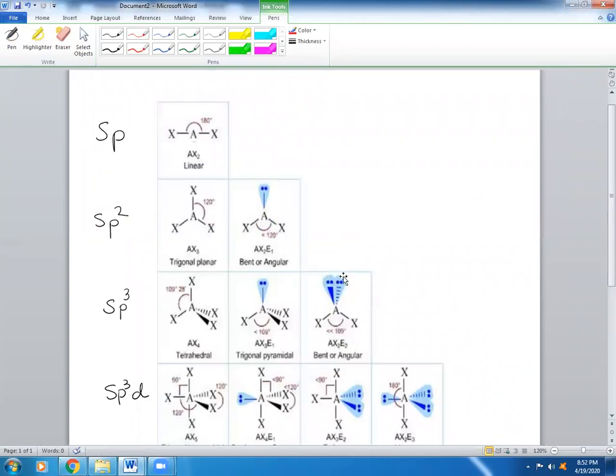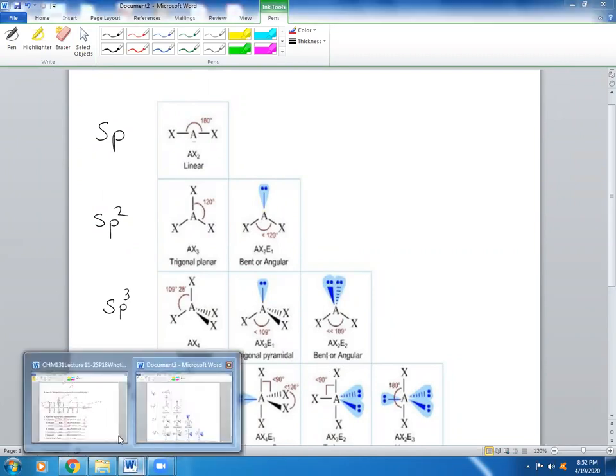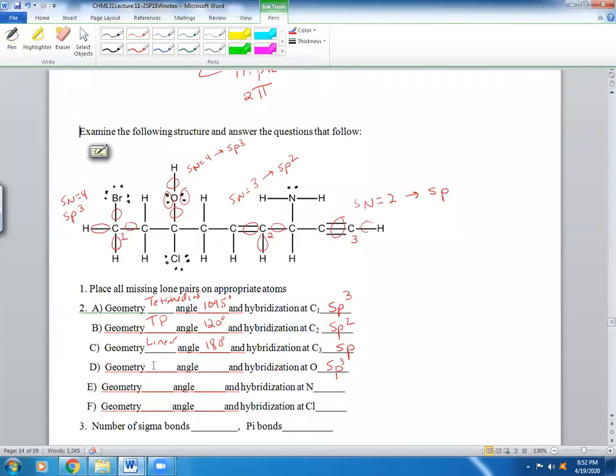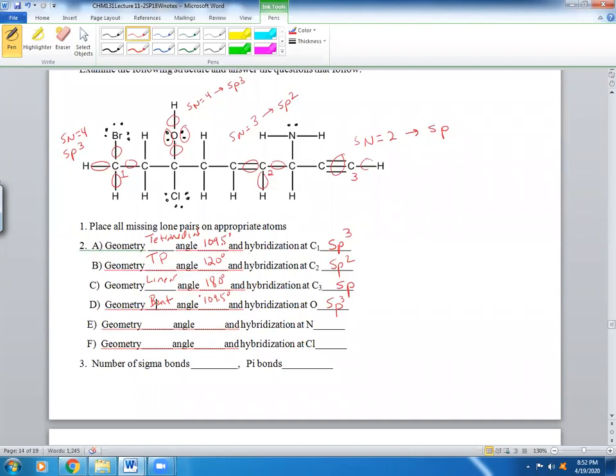You remember, you can use your AXE method. Once again, all over again, it is bent. And again, we're just going to say that's 109.5, but it should be less. It's about 104 actually. But for now, we're going to say again, just less than 109.5.